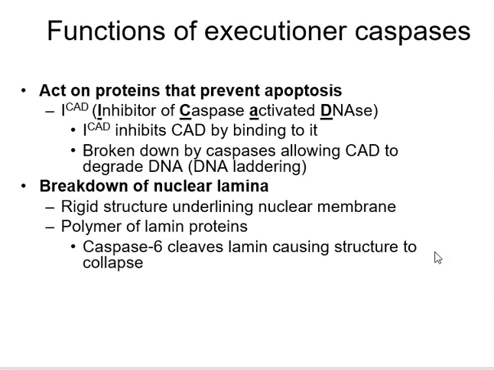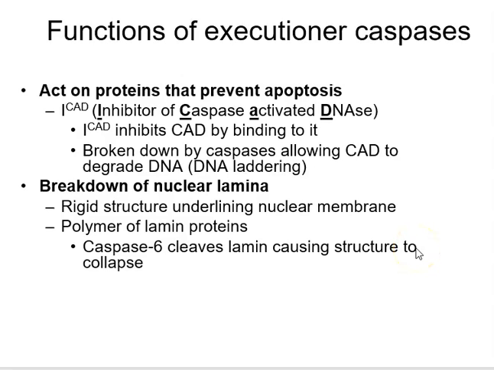Once apoptotic signaling has started, the ICAD gets degraded, releasing the CAD, the caspase-activated DNAase, and that is then in the nucleus, and it will degrade DNA by cleaving between those histone proteins, giving that classic DNA laddering that we will see in next week's lecture on apoptotic detection methods. But you'll have to believe me for now, you get fragmented DNA that can easily be seen in multiples of 180 base pairs.